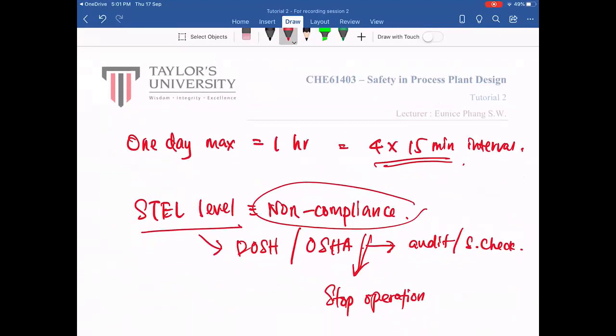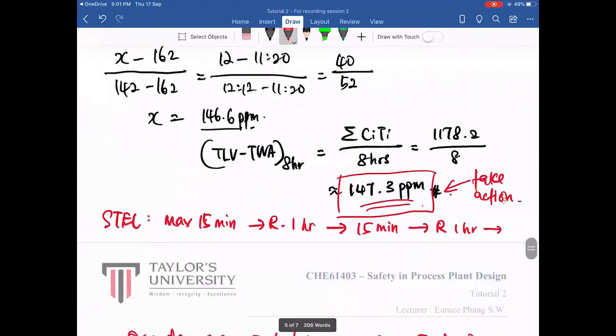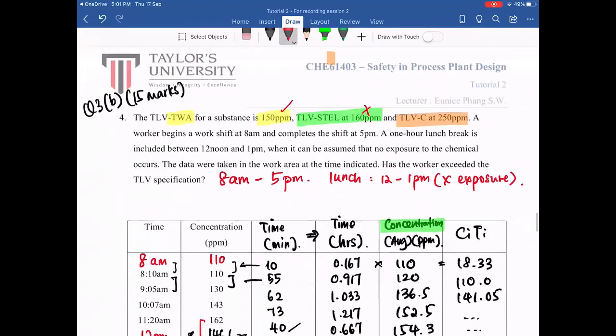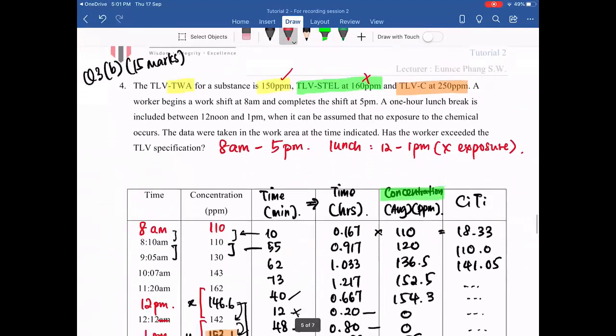The engineers will have to think of a way to reduce the toxicant concentrations in the air. So this is at STEL level. Remember, we have 3 levels to look at. STEL level is not compliant. What about the ceiling level? Ceiling level means you cannot exceed this level at any given point of time.